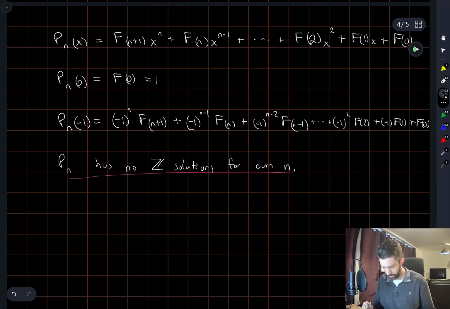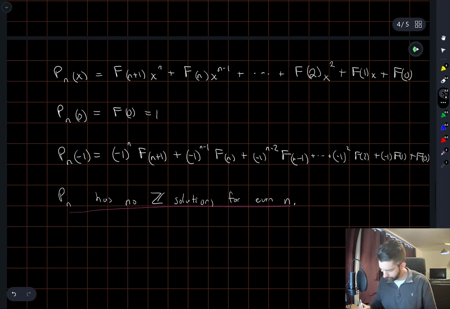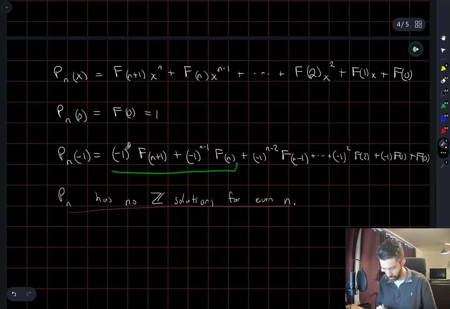Okay, so let's try now when n is odd. When n is odd, this is negative. Each pair of these things is negative, right? If I group those together, n is odd, that's negative, that's positive. This outweighs that.